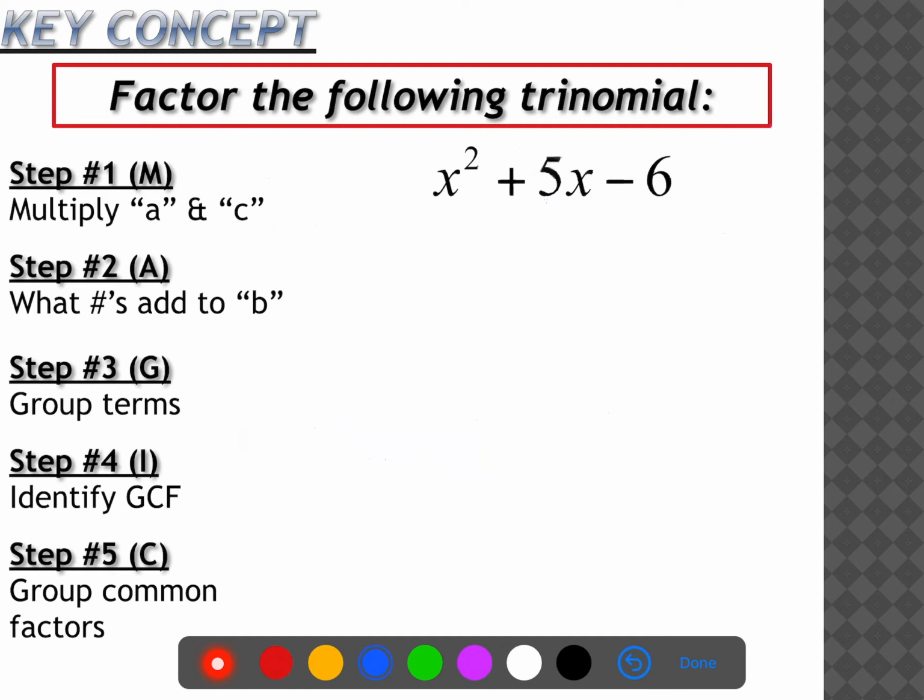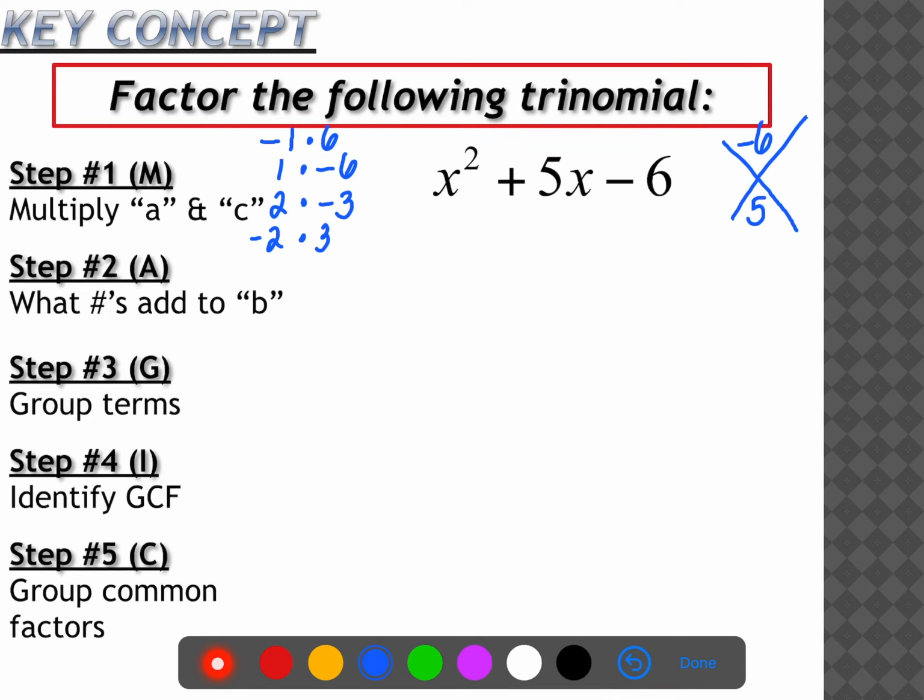Let's try another one. Okay, so I'm going to make my big X. A times C on the top is -6, and B goes on the bottom. So the factors now, you're multiplying to -6. So -1, +6, 1, -6, okay, and so on.